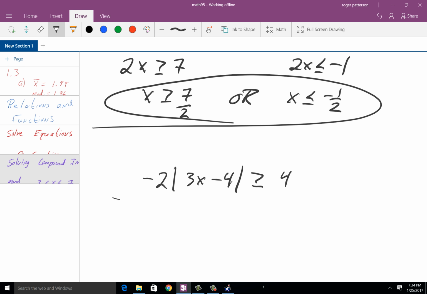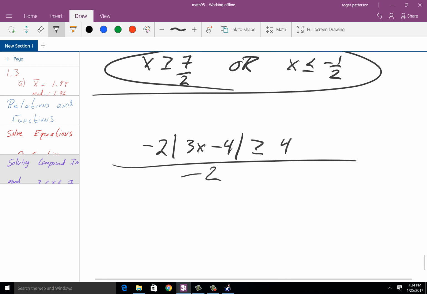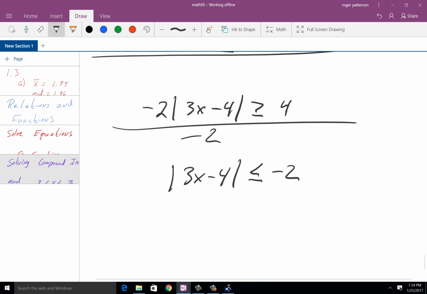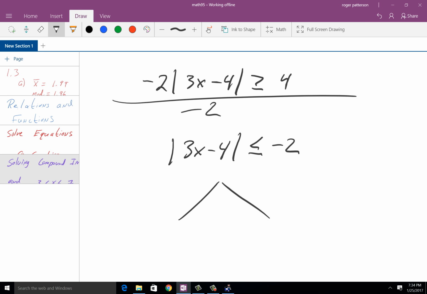X less than or equal to 2/3. X greater than or equal to 2. Did I do everything right? We're good? And this is an and problem? So let's see. 2/3 is the smallest number. X is less than 2/3.